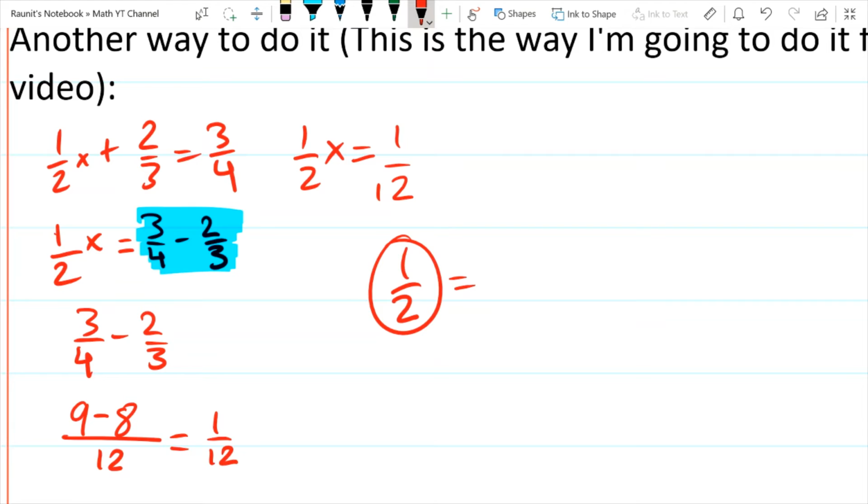So for 1/2, the reciprocal will be 2, and that will cancel out, because 2 divided by 2 is 1. Say your fraction is 2/3, the reciprocal will be 3/2. You're basically flipping the numerator and denominator.